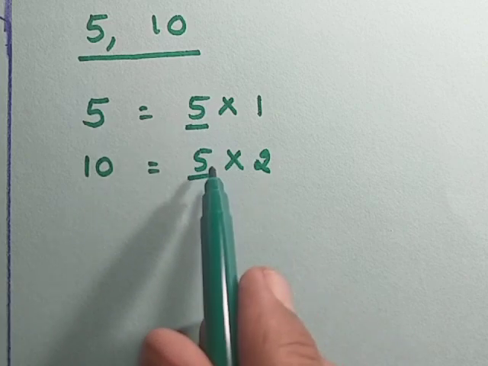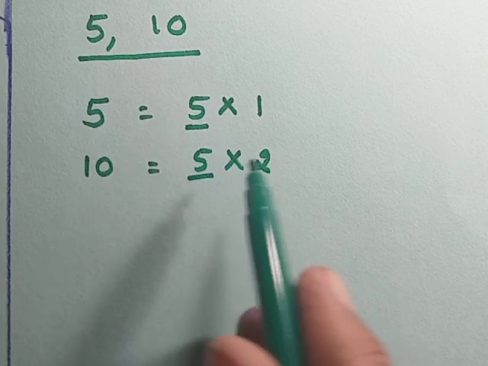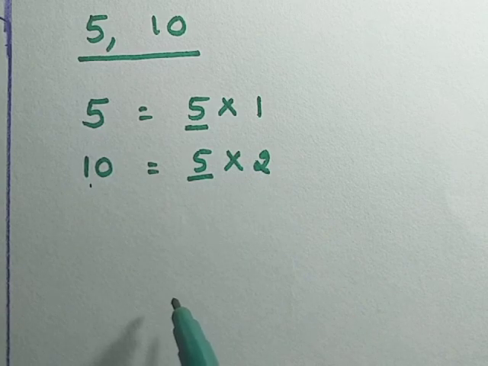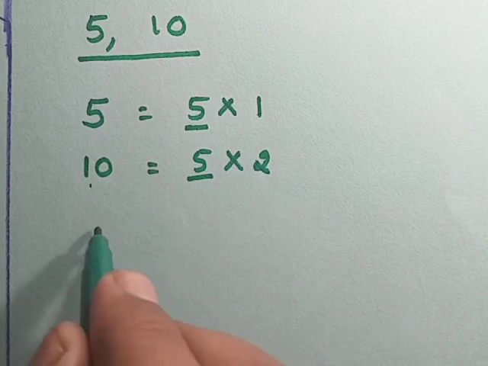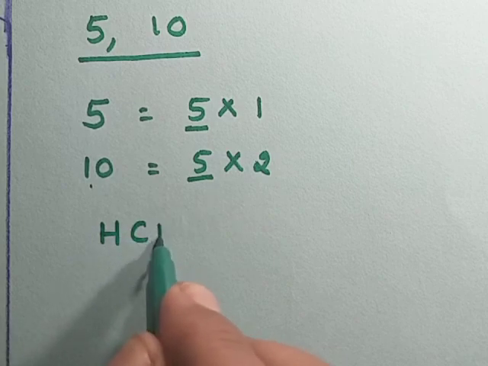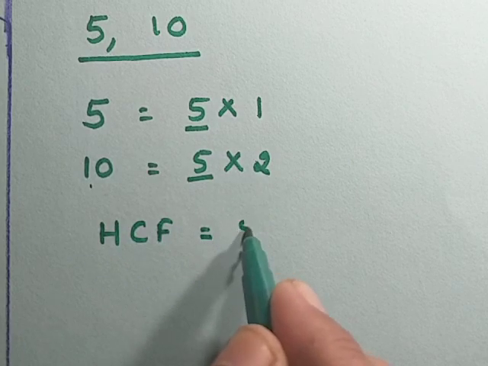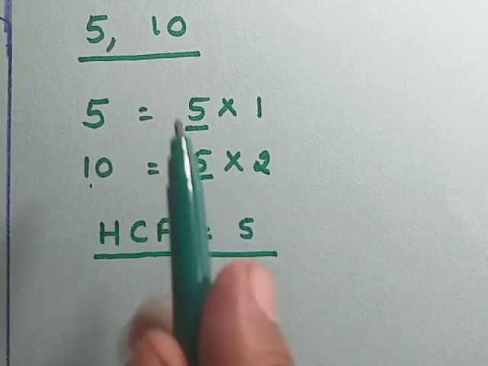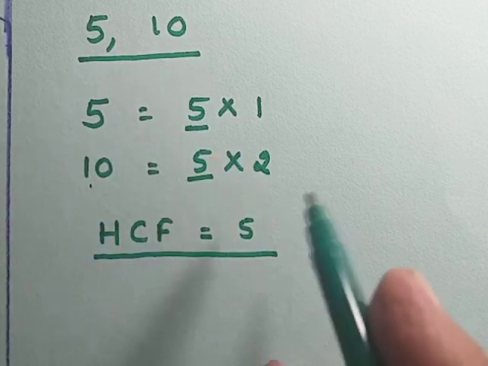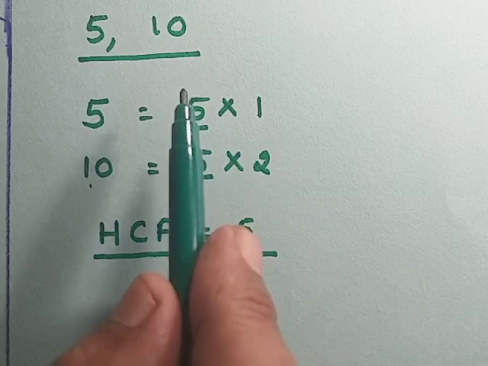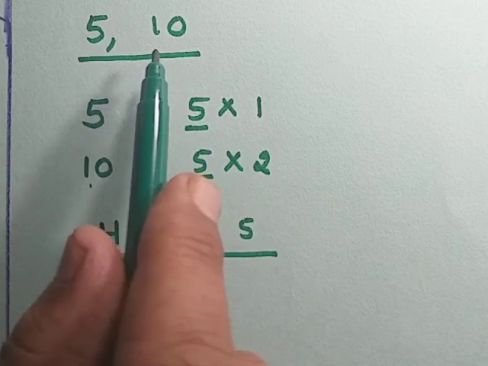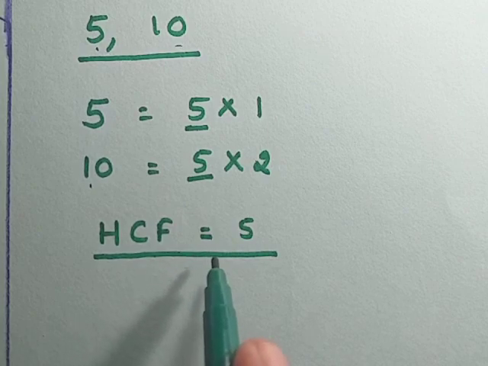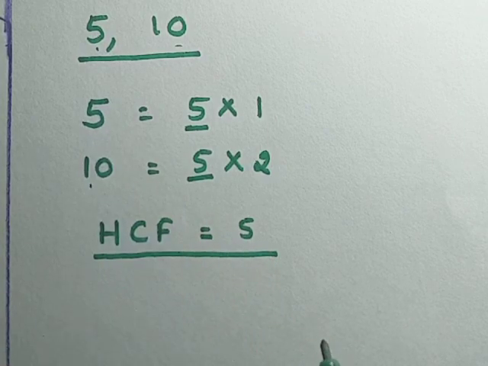The common number, when you write the factors of the given numbers here, is called the HCF, the highest common factor. The highest number which divides both 5 and 10 is called the HCF of those two numbers.